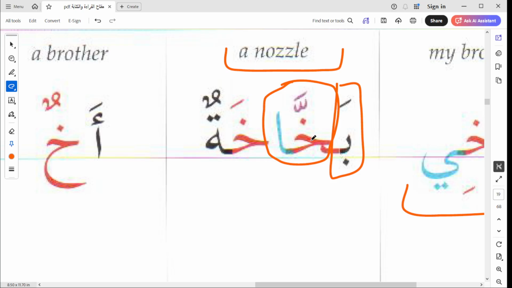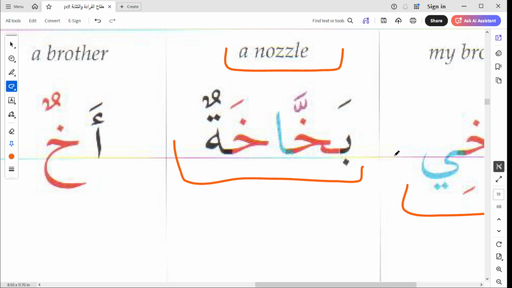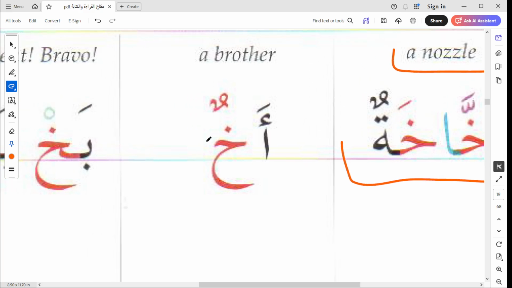So Bakha, Bakha, and here is Kha by itself, and this is Tun. So Bakhakhatun.